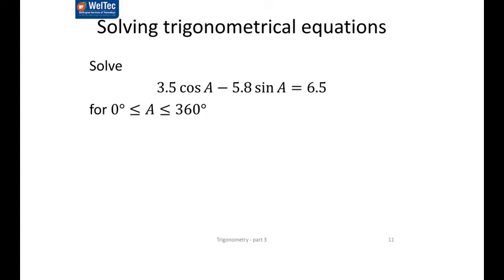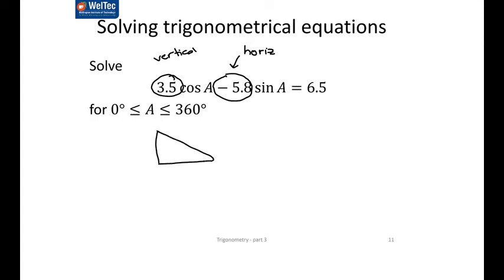The sine term is the second term, and the sine term has got a negative coefficient. So this is the horizontal, and this is the vertical. So if we're drawing our little triangle, this time it's got a negative horizontal, so you're in the second quadrant.